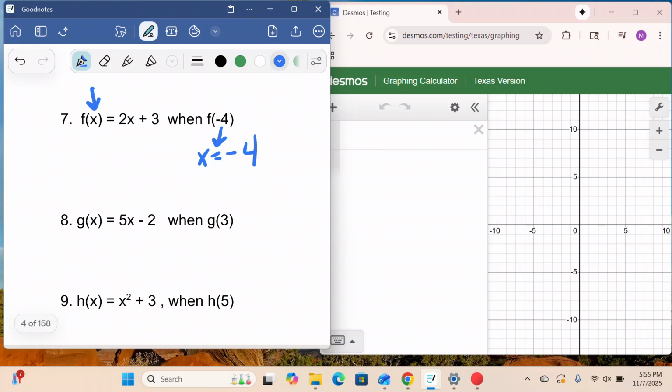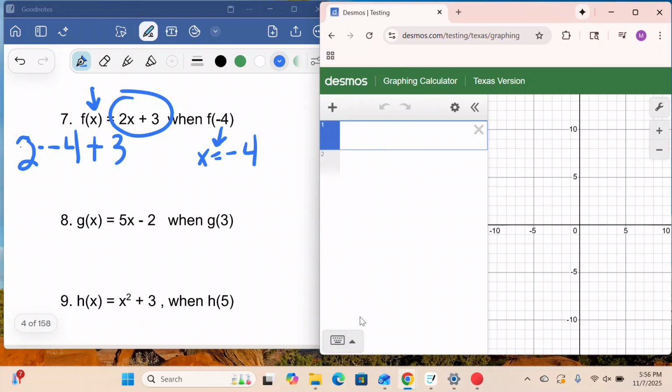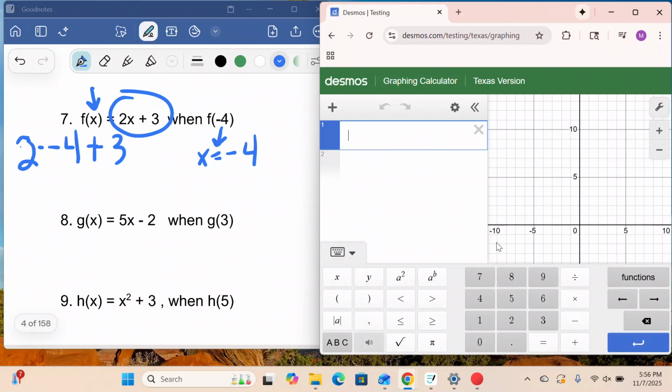So what does that entail? Pretty much just plug it in into your calculator. So the way we will plug it in is we will rewrite this equation right here, and this is going to be 2 times negative 4 plus 3. And then we're going to type this in the Desmos. So all we do is type it in right here, and we are going to multiply, and you're going to get your pad, and you'll see this little finger right here.